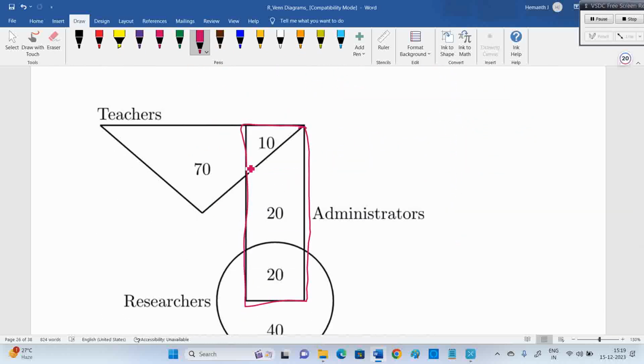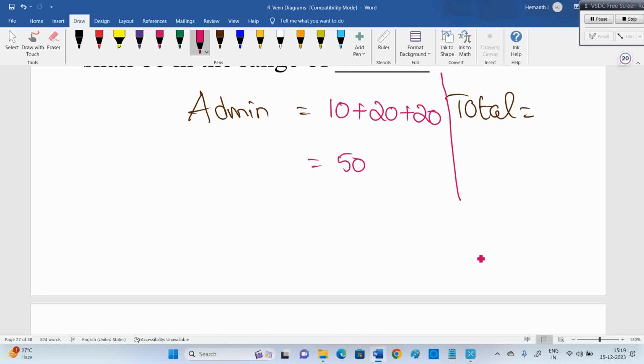Apart from 50 here, 70 and 40 are there. 70 is only teacher, researcher is only 40. Adding all that we get the total: 70 plus 50 plus 40, it's nothing but 160.